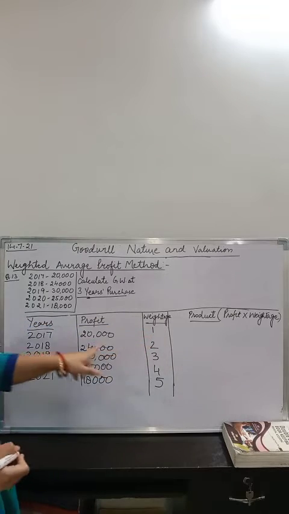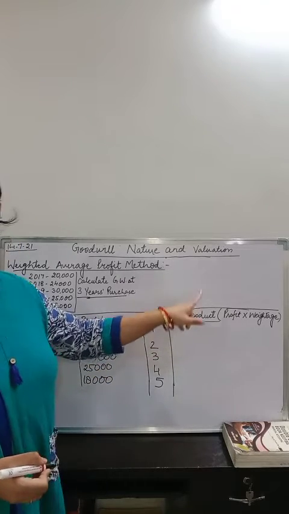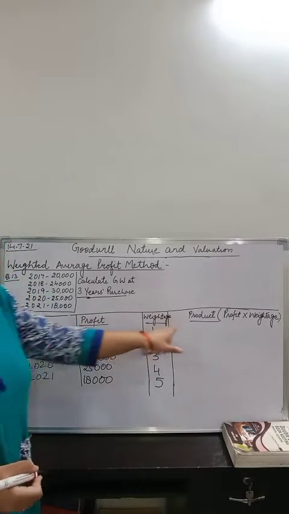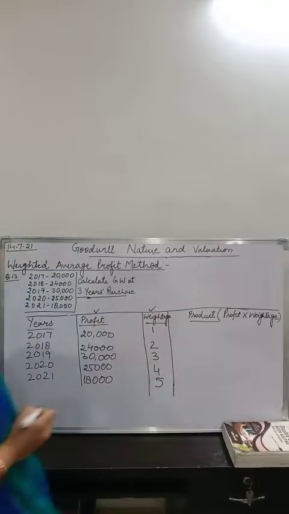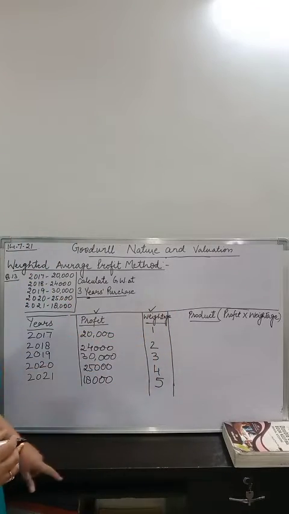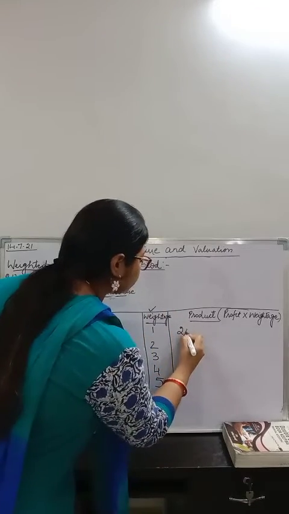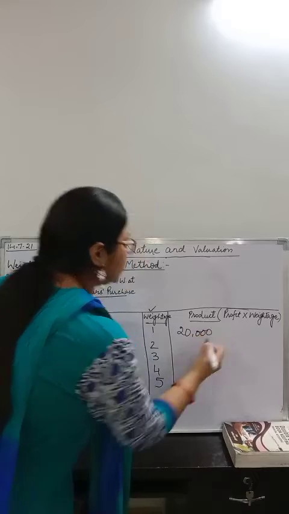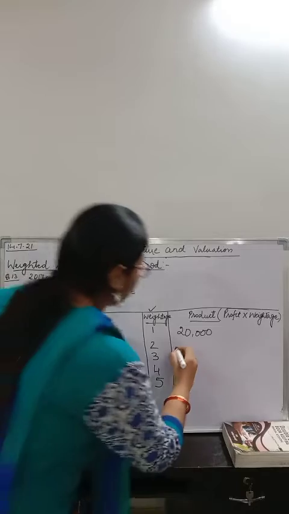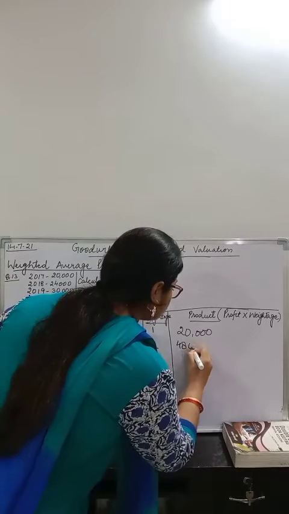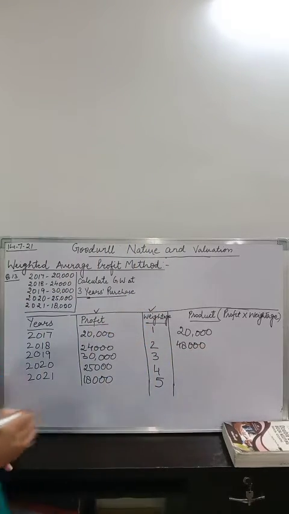or importance. Now the product column, which is the fourth column, we will write the product of column number 2 and column number 3. 20,000 into 1 will be 20,000. 24,000 into 2 will be 48,000.